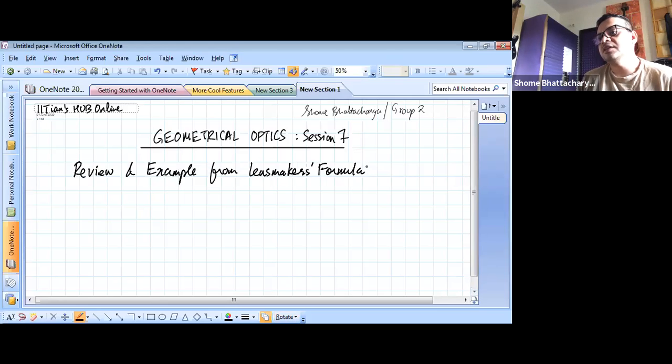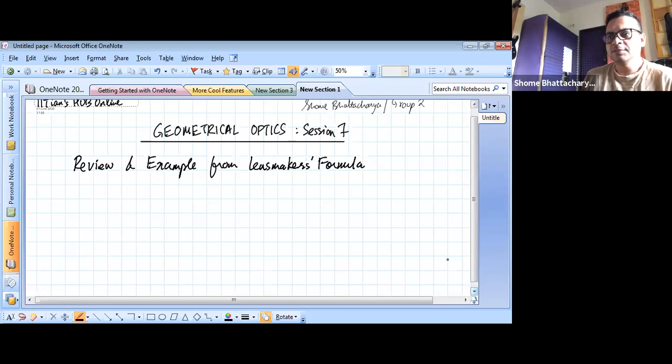As you will remember, the lens maker's formula was basically an application of the concept of refraction at a spherical surface.